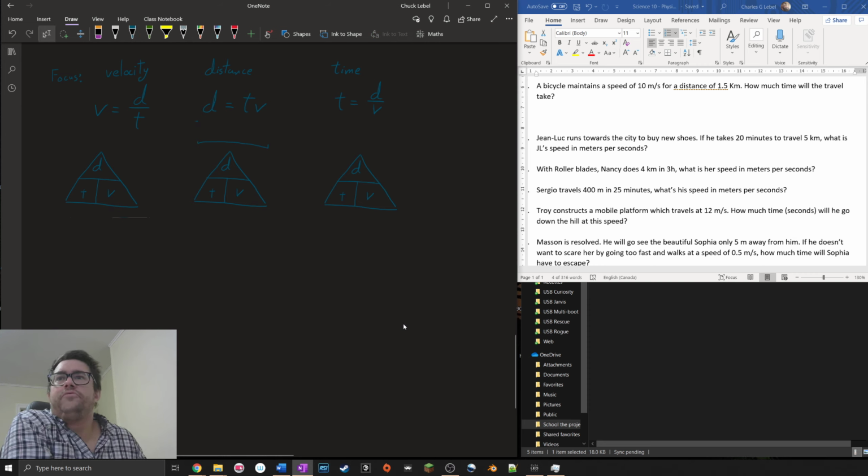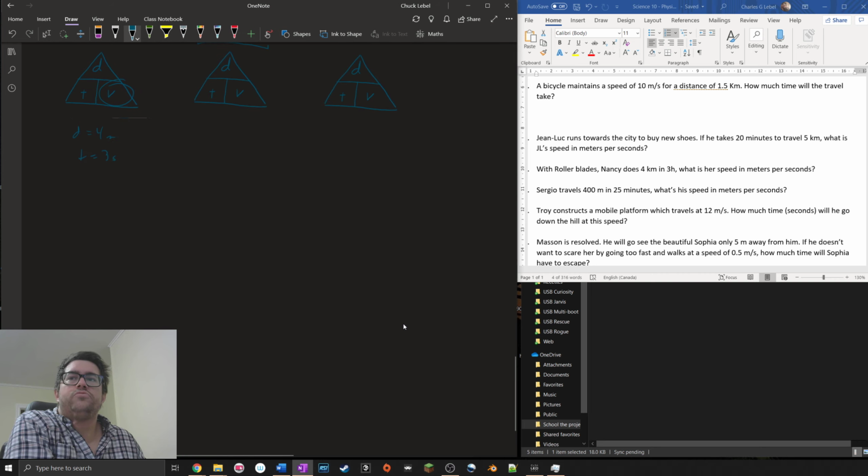Basically, if you want V, let's say you have this triangle, and you'd like to have V because you have D and T. Say you have distance, 4 meters, time, 3 seconds, and you want to know what formula to use to find V. So V equals what again? You can use the triangle.